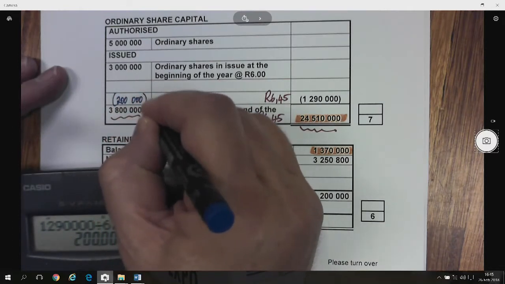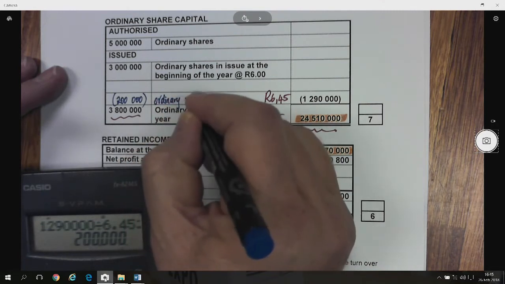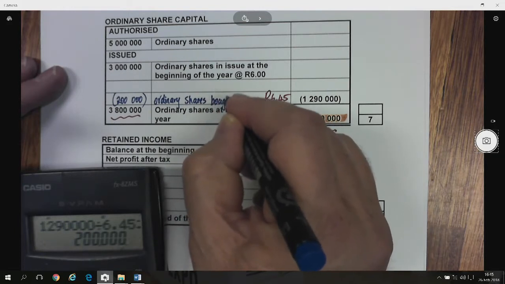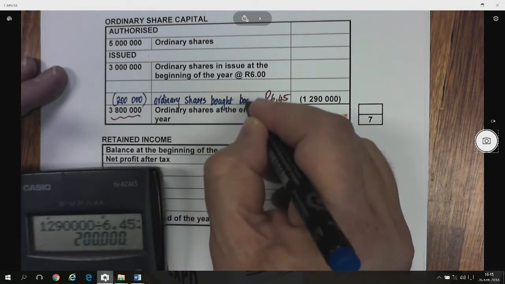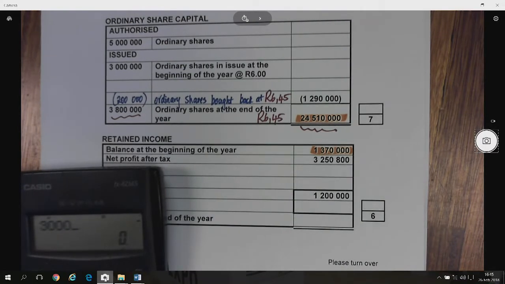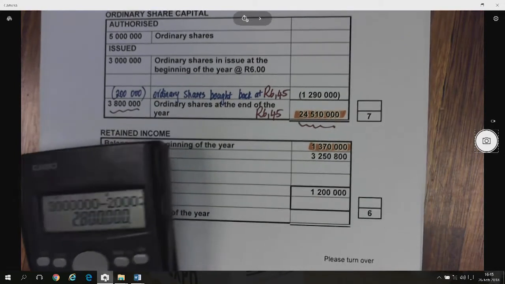200,000 ordinary shares bought back at R6.45. Now we can finish this side. We can say 3 million minus 200,000 gives you 2,800,000.